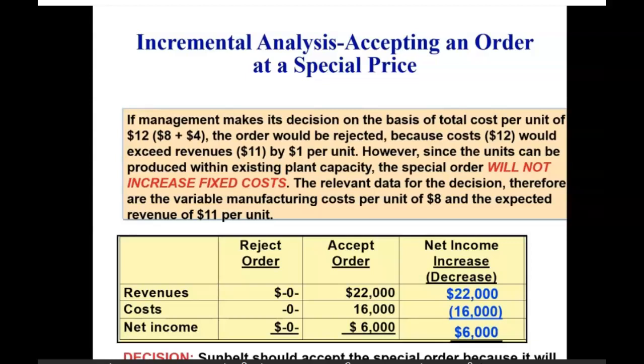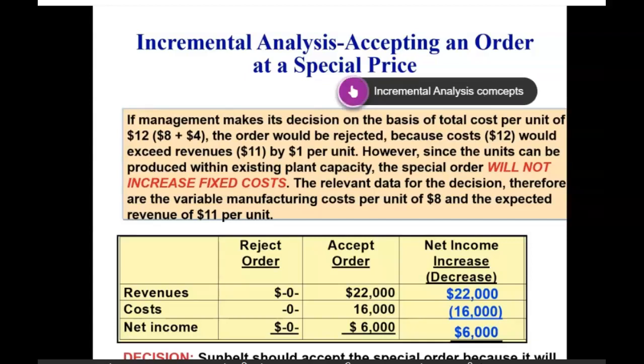I do not have to produce them. So there's no cash going out. There's no effect on my net income. But if I accept the order, I will have a cash inflow of $22,000. And I produce those 2,000 units. They cost me $8 each. So my cash outflow is $16,000. So I'm $6,000 ahead by accepting this order.